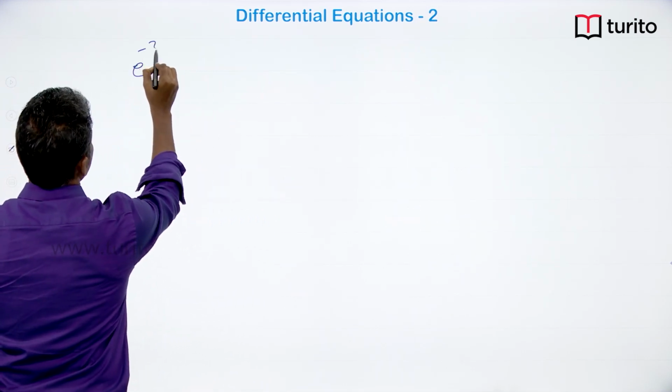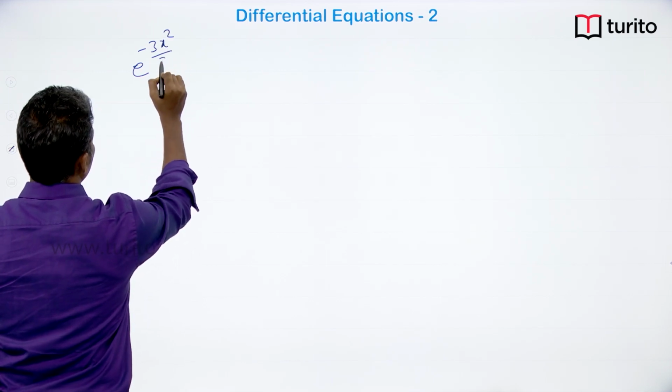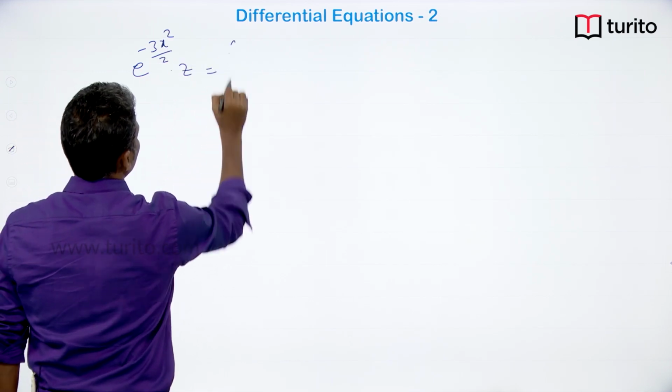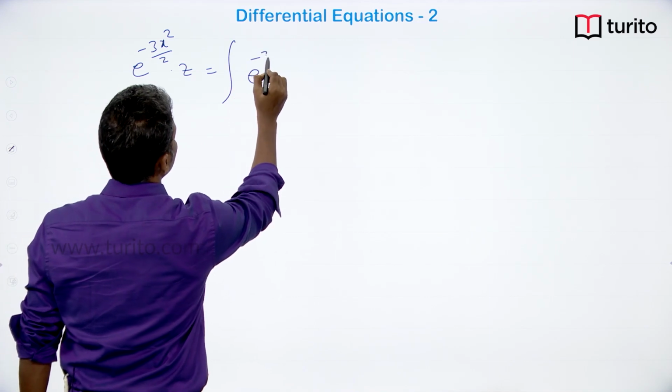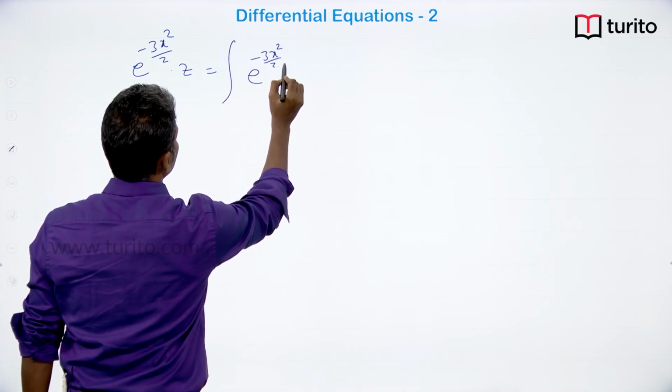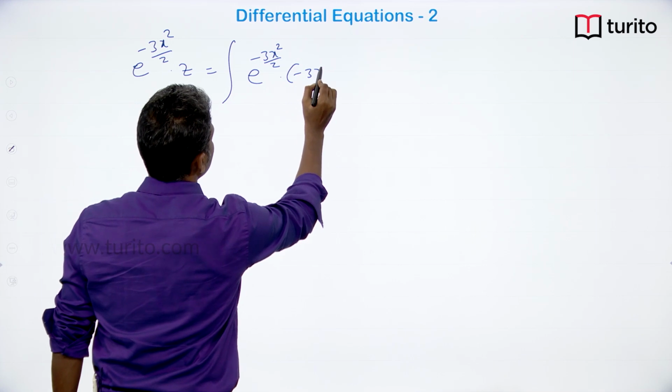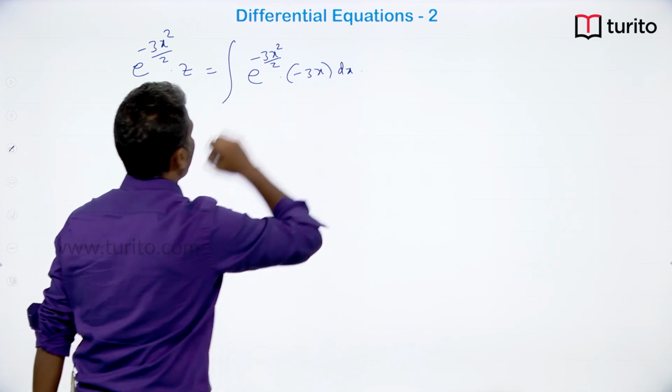So LHS is e raised to minus 3x square by 2 into z equal to RHS is e raised to minus 3x square by 2 into minus 3x into dx.